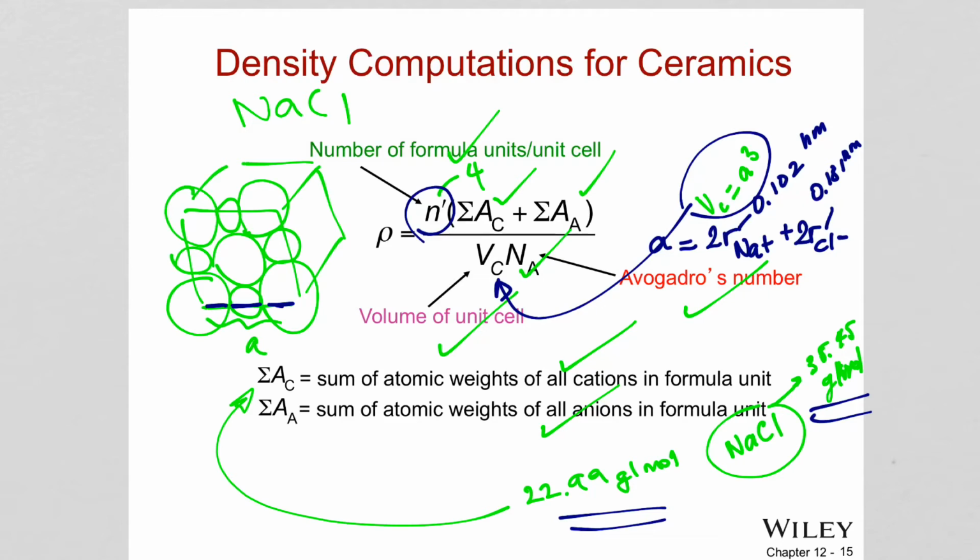This example is actually in your book, and the density should be 2.16 gram per centimeter cubed. So convert nanometers to centimeters before putting them into the equation. Okay, that's it.